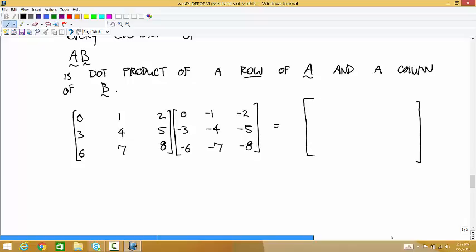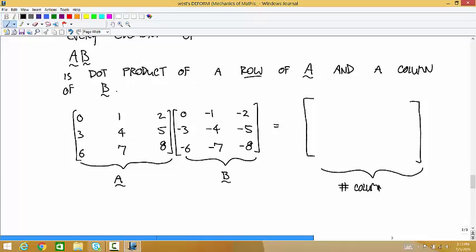This one's going to give us back a 3 by 3 matrix. So let's call this A and call this B. This has the number of columns of A and the number of rows of B.